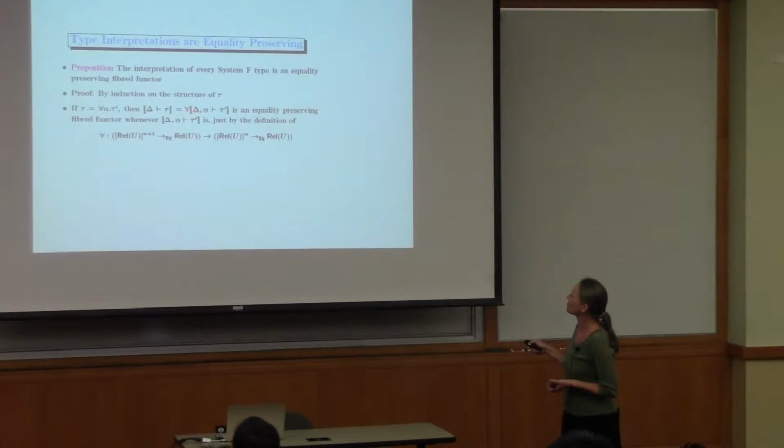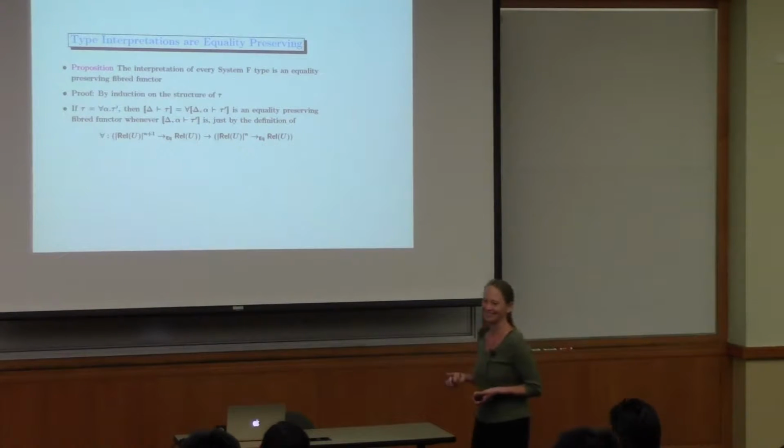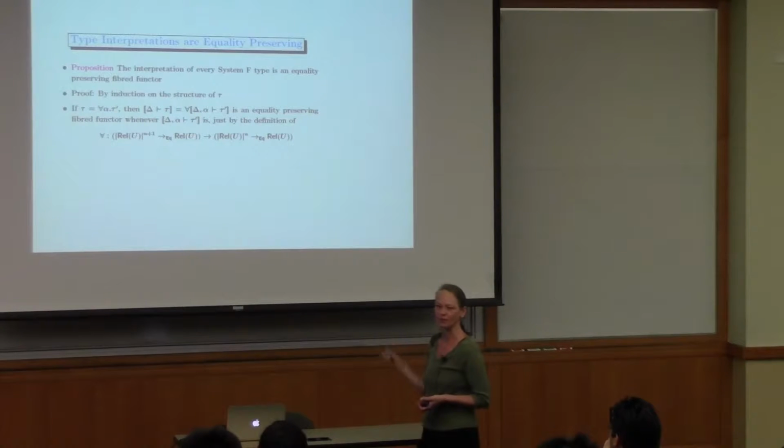So this fibered functor is going to go from Rel U to the cardinality of delta plus 1 to Rel U, and what I'm going to get over here goes from Rel U to the cardinality of delta to Rel U. So I shouldn't have used n. It's just that, for me, n is always the cardinality of delta.